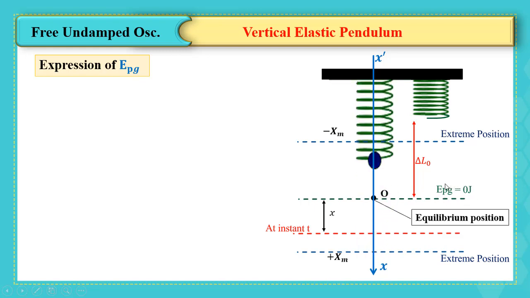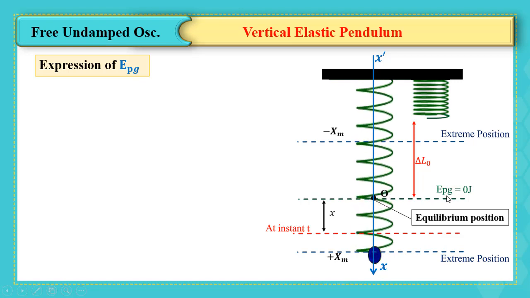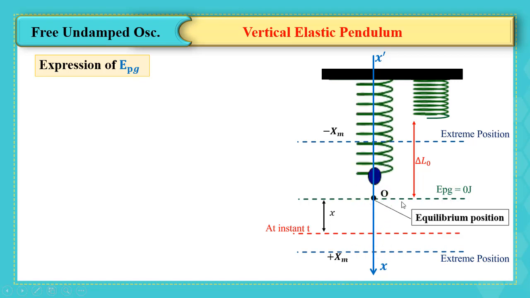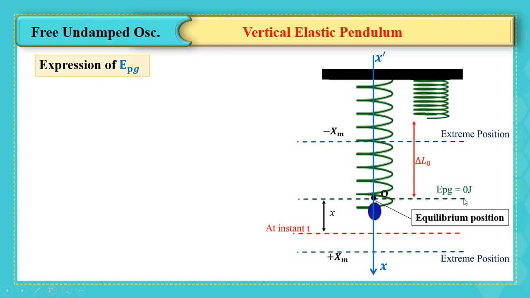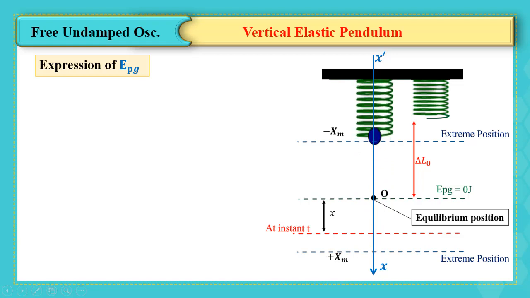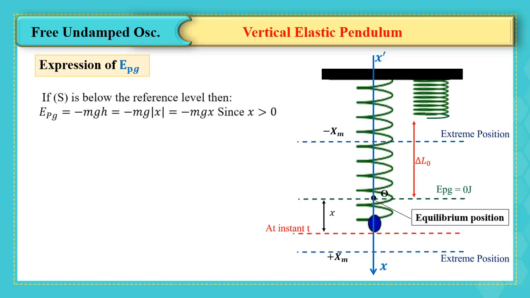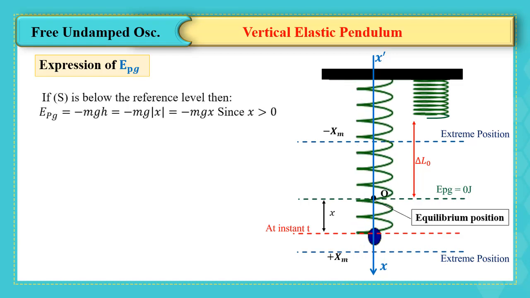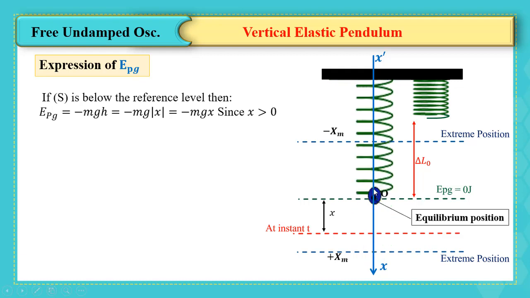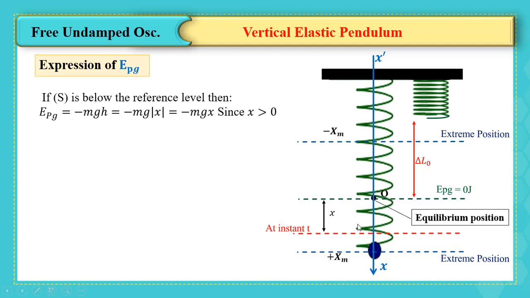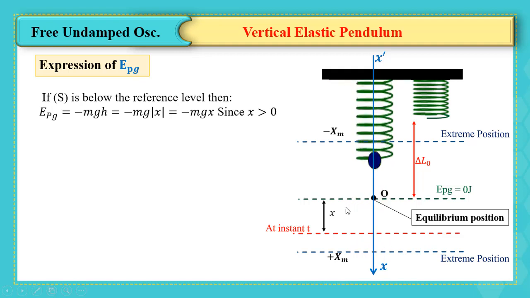Unlike the horizontal elastic pendulum, the gravitational potential energy plays a role in the oscillations of this pendulum. If at a time t, S is below the reference level, then the gravitational potential energy is minus mgh, which is minus mg times the absolute of X, which is also minus mgx since X is positive.